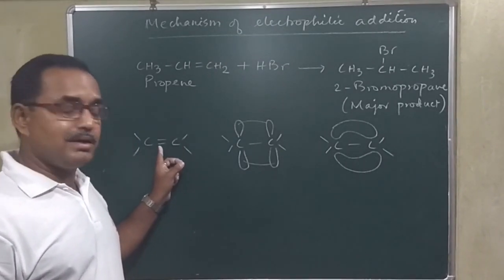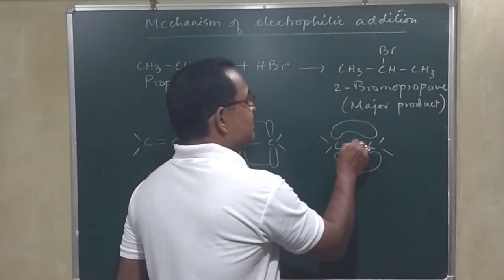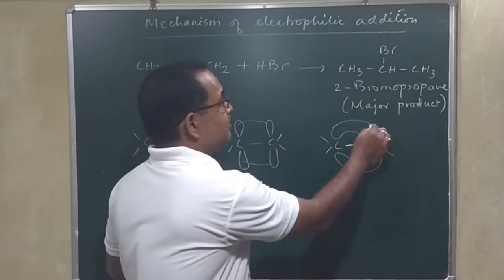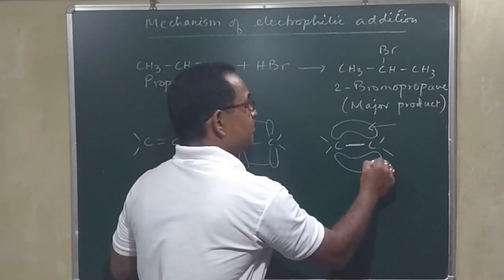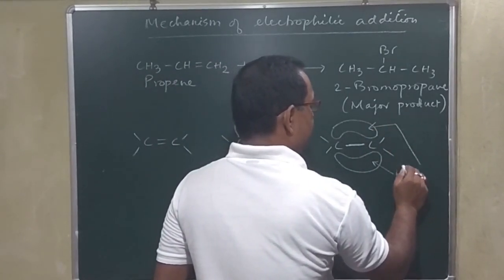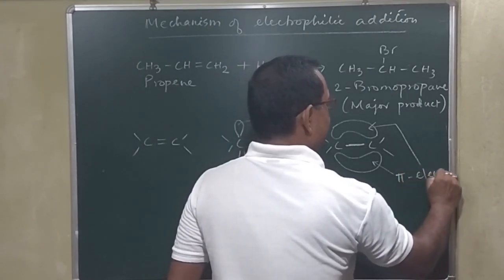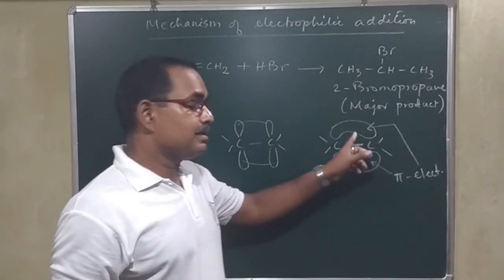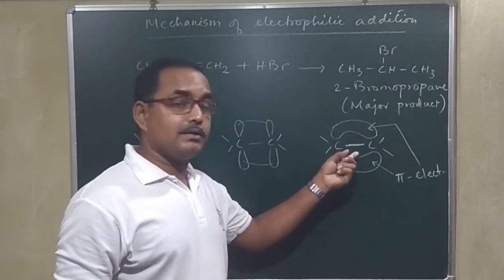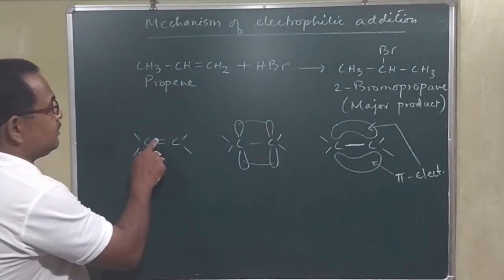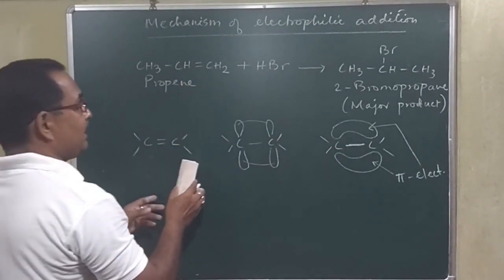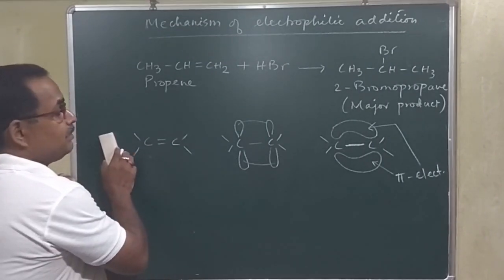A carbon-carbon double bond means above and below a sigma skeleton, a planar arrangement, we have loosely held pi electrons. These are called pi electron clouds. Loosely held, because a pi bond is a weaker bond compared to a sigma bond. Now see, by virtue of the loosely held pi electrons, what can an alkene do? It can attack an electrophile. How is it possible? Let us see.